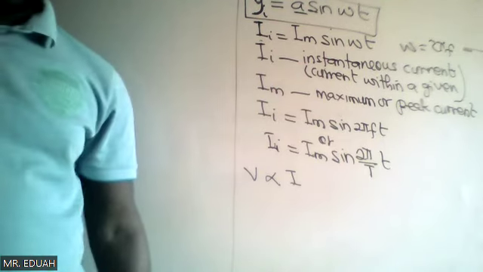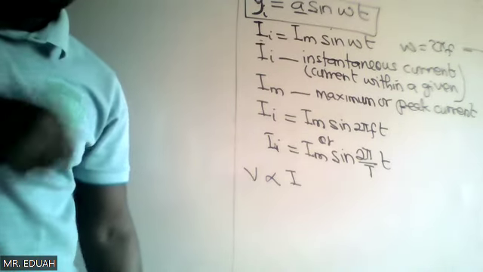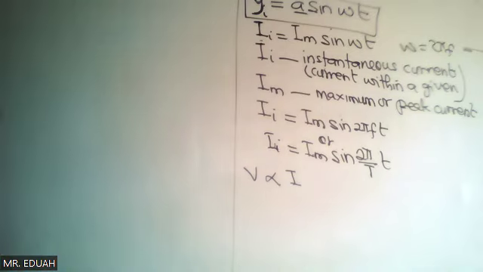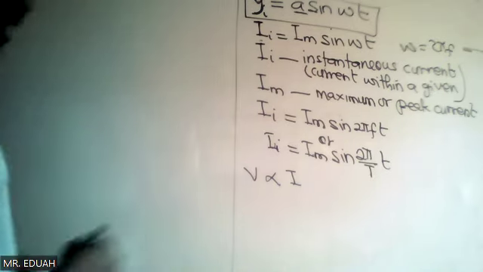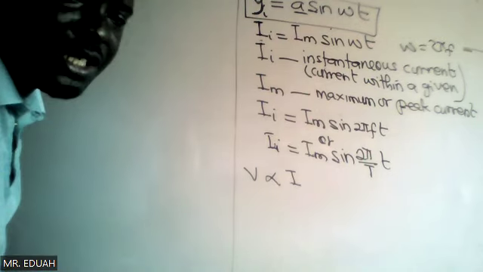So whenever there is current, there must be a voltage. One of the conditions for current to flow is that there must be a source of EMF. The EMF is the voltage of the source. So if there is instantaneous current, there must be instantaneous voltage.